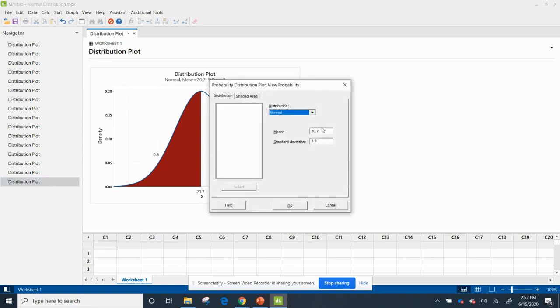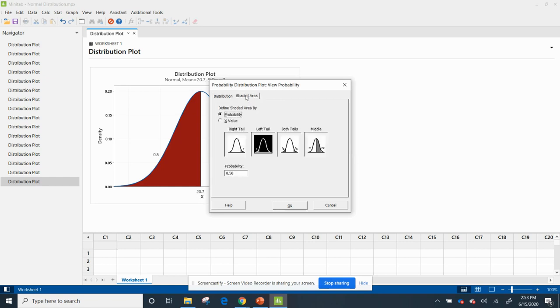I'm going to change my mean and my standard deviation. Remember, it was 69 inches, and this becomes 2.8 inches for the standard deviation. Shaded area, keep it as probability, and now I'm going to do right tail, and I'm going to put 0.01 in. I'm not going to put 0.1 because that's 10%. I'm going to do 0.01 because I want the top 1%.